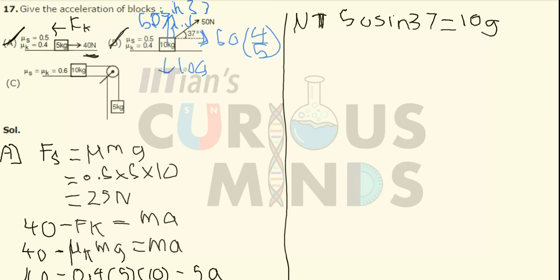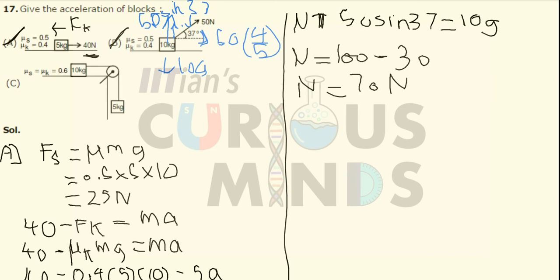Now N will be equal to 10 into g, which is 100 Newton, minus 50 into sin 37. Sin 37 is equal to 3 by 5, so it will be equal to 30. Now the normal force over here is 100 minus 30, which is equal to 70 Newton.